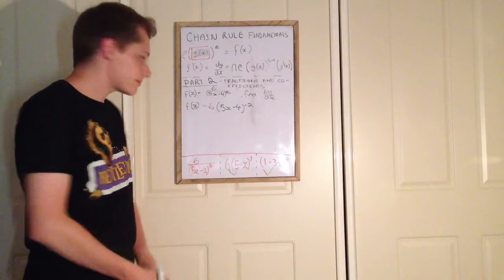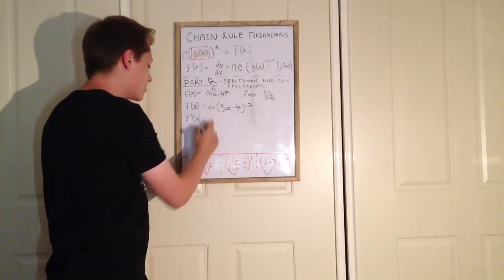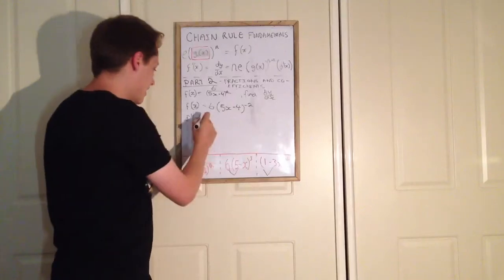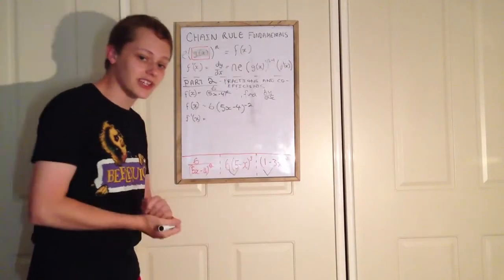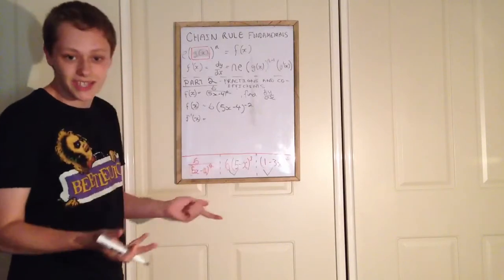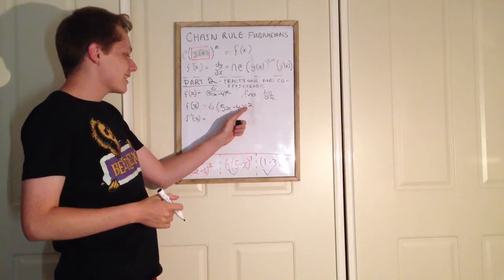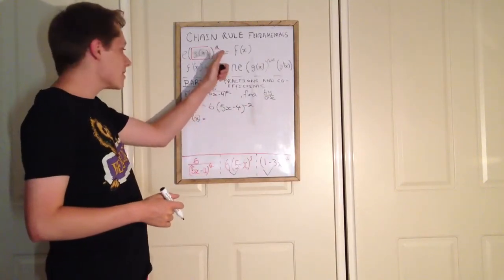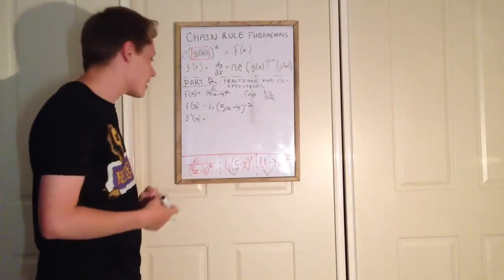So, let's find the f prime of x, which is our derivative. So our f prime of x, just switching between notation here, f prime of x, dy over dx, same thing, is we take our n term, if you remember, our exponent and multiply it by e, our coefficient.